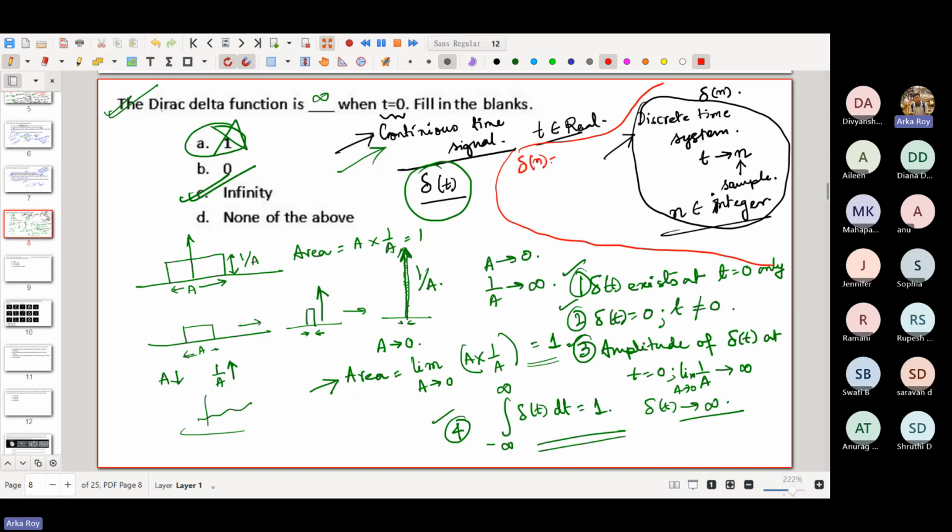There the definition is 1 at n equals 0 and 0 at n not equal to 0. That means elsewhere it is 0 and at n equals 0 the amplitude is 1, and that is why this is called a unit impulse function in the discrete domain.